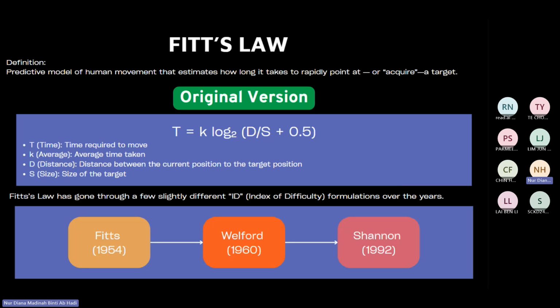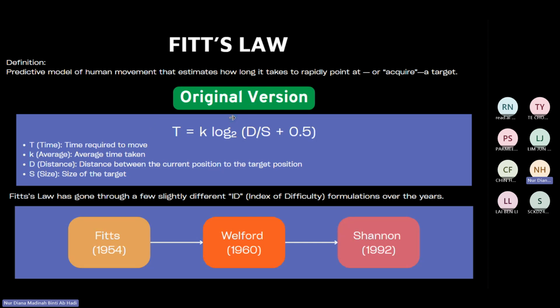This is the original version. T stands for the time required for you to move. K is the average time taken, log base 2 of D over S plus 0.5, where D is your distance and S is your size.